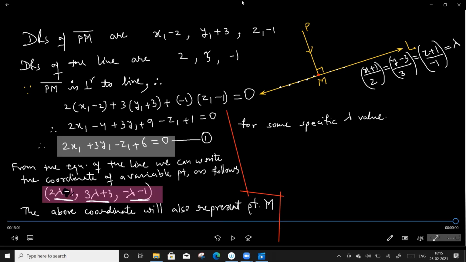It means I have taken what we had taken point M as. We had taken point M as x1, y1, and z1. So this can be taken as x1, y1, and z1.